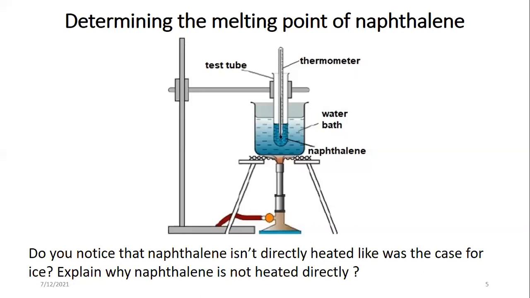Okay, I think we've looked at that. Let me have one of the girls tell us how we can find the melting point of a flammable. Okay, let's have Charity. So how to determine the melting point of a flammable solid? You put the flammable solid in a test tube or a boiling tube. Then you put a thermometer in that test tube where the flammable solid is. Then you get a beaker and put water. Then you place the test tube with the flammable solid and the thermometer in the beaker with water, the water bath.